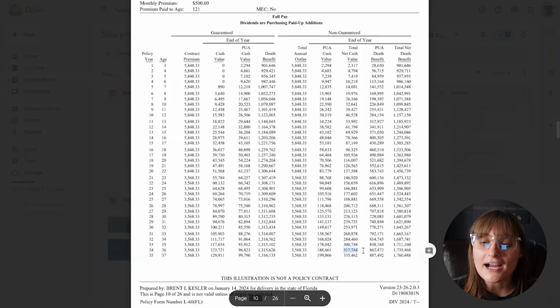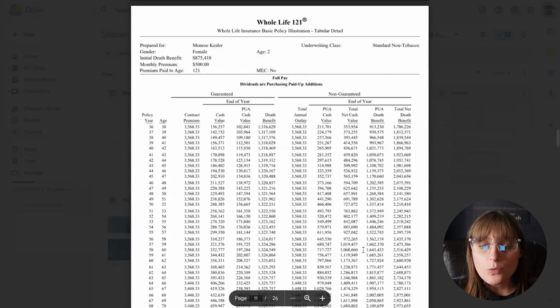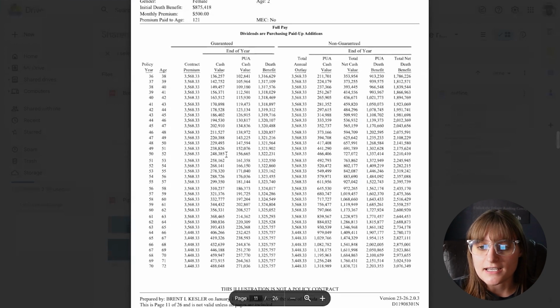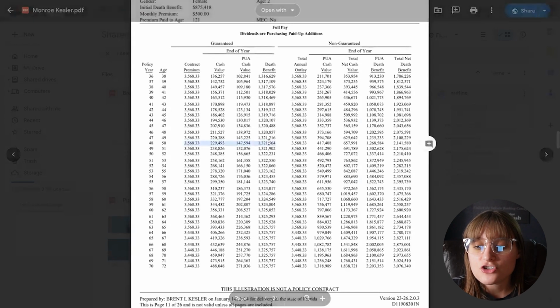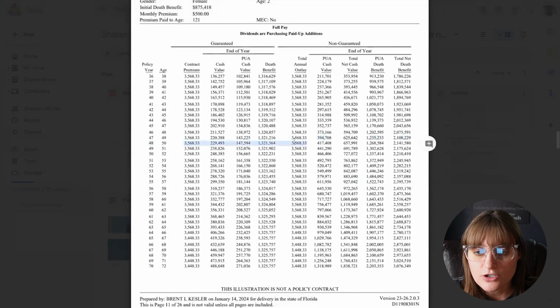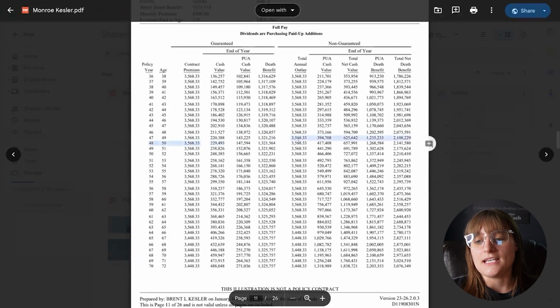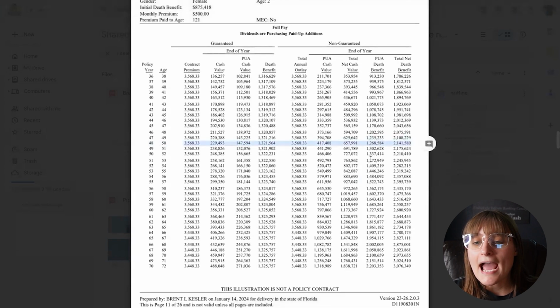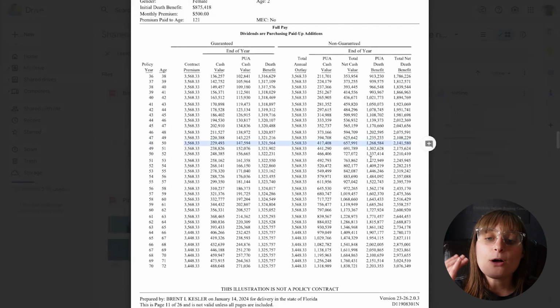So each and every year, because of the uninterrupted compounding, the growth becomes greater and greater than the years prior. Let's just go down to age 50. When Monroe is age 50, here's how our cash is looking in this year. And I'm just going to highlight it out for y'all right here. So age 50, she's still putting in her 3,600, but let's see how the cash grew from age 49 to age 50.